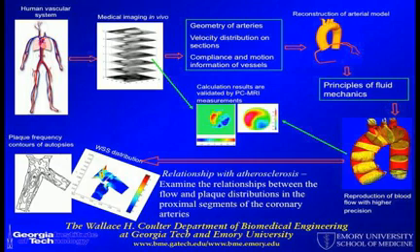We can also determine velocity distributions on sections non-invasively in many cases, and also take a look at the compliance and motion information of vessels. Once we have a computational model constructed, we can apply principles of fluid mechanics in order to compute quite detailed flow structures in actual vessels.